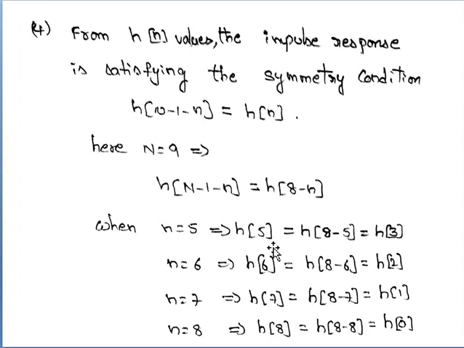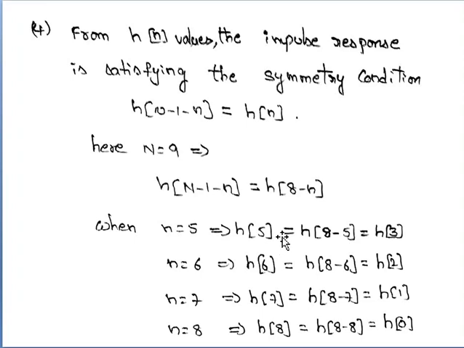Okay. So now the next step is, for h of n here, find the h of z. Before going to that, here impulse response h of n is there. So here we should identify the type of that impulse response.